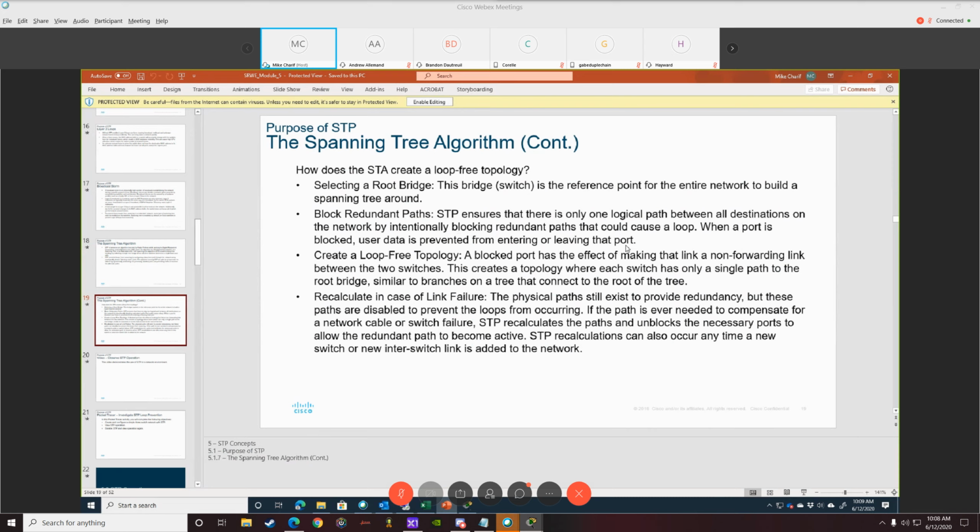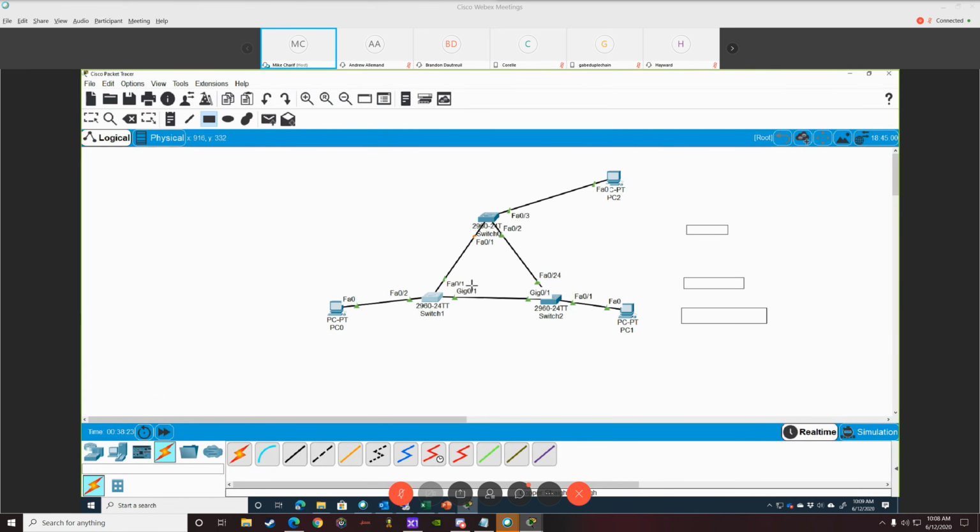We're blocking it from passing data, but this port will still receive BPDUs, the Bridge Protocol Data Units we talked about earlier.